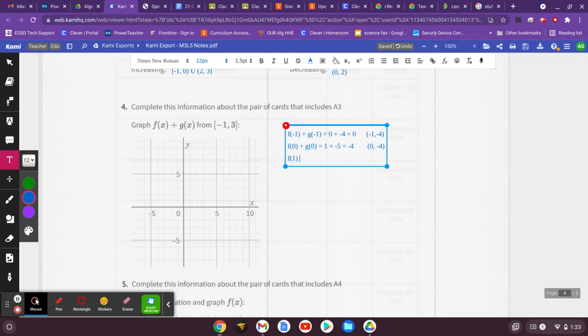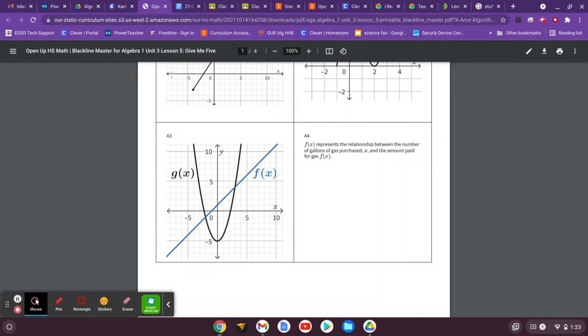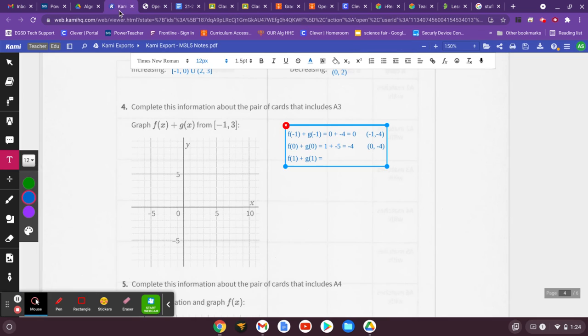F of 1 plus g of 1 equals, f of 1 is 2, g of 1 is -4. So I have 2 plus -4 equals -2, which means this point is 1 comma -2.